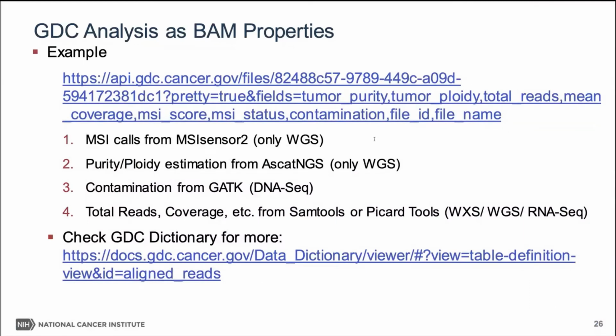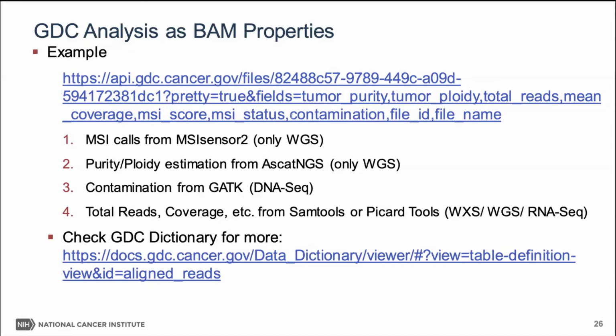You can do a similar query, but in addition to what I have used for MSI, you can ask for tumor purity, tumor ploidy. These are the two properties being derived by the whole genome analysis. And you can get total number of reads or even coverage. This is derived by SAMtools or Picard tools.